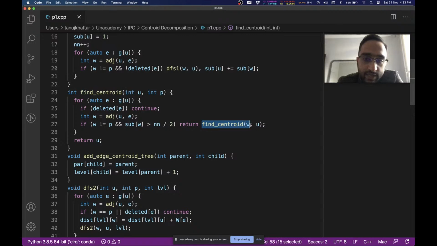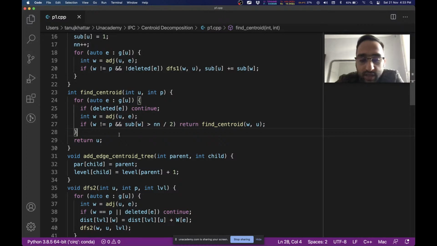So I call find centroid on w, and I directly return its value. So notice that from a given node u, you can do this recursive DFS only on a single child w, because as soon as you call find centroid on a child w of u, you return its value. So you return from this function. I mean, this loop is broken.